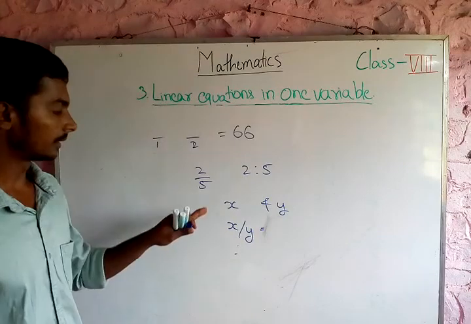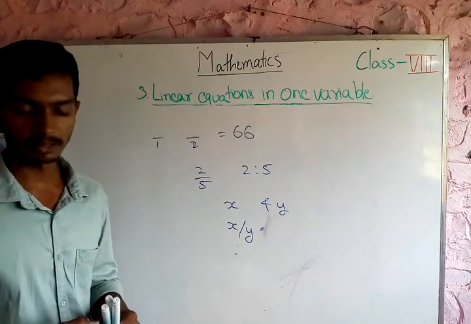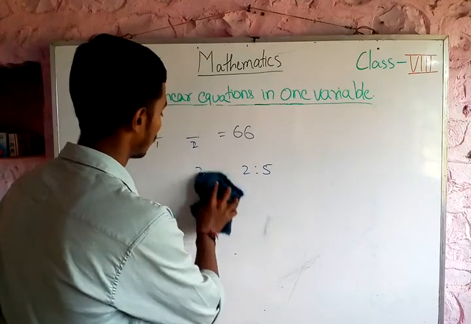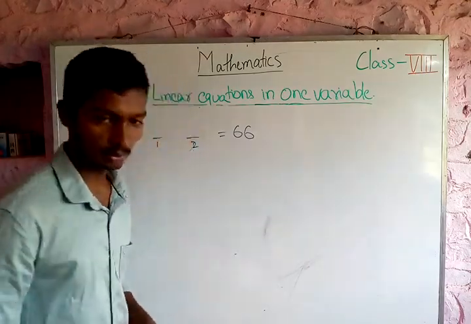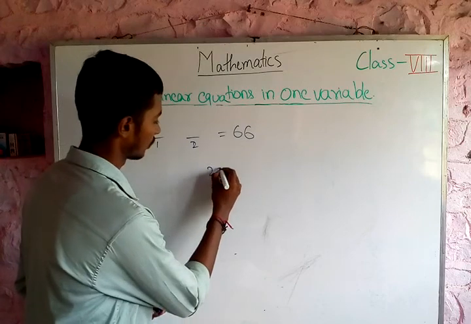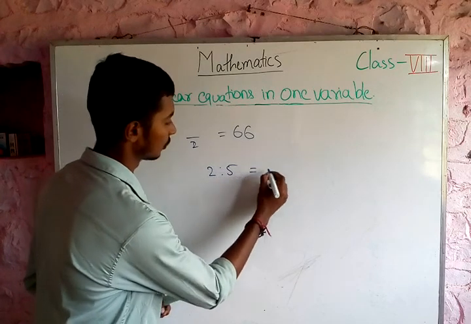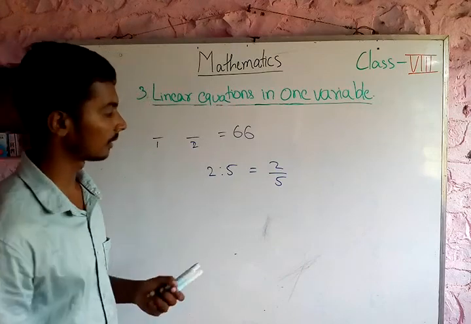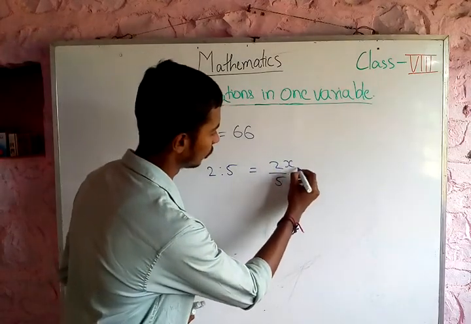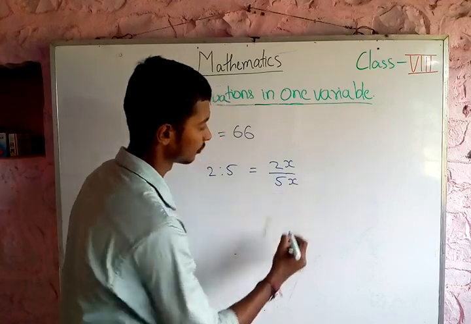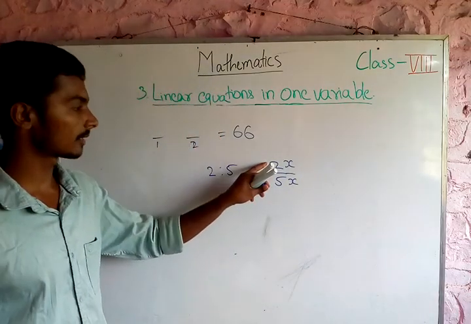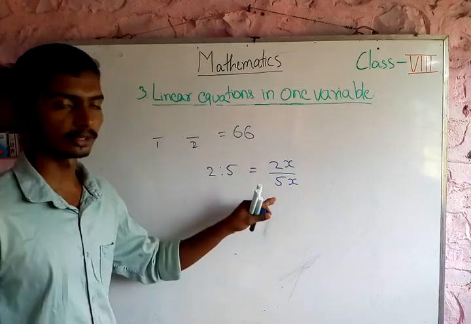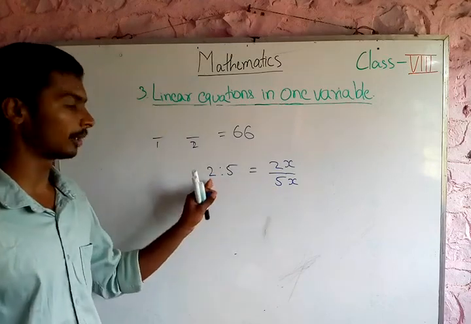In this case the ratio is 2:5, which is equal to 2/5. So let us take the numbers to be 2x and 5x. If you consider one number as 2x and the other as 5x, then the ratio won't change. It will be 2/5.